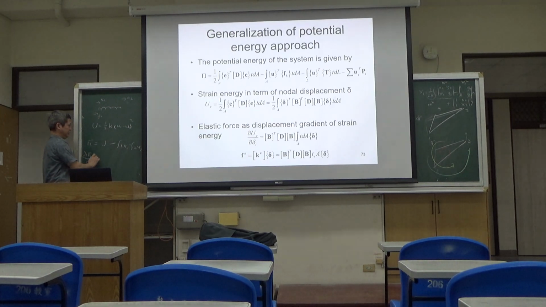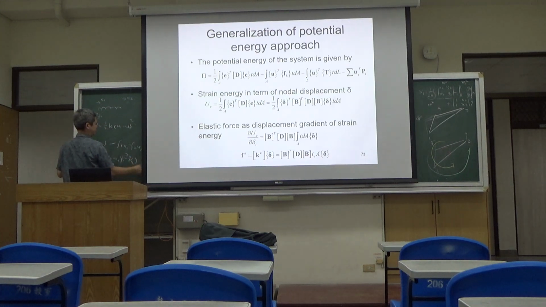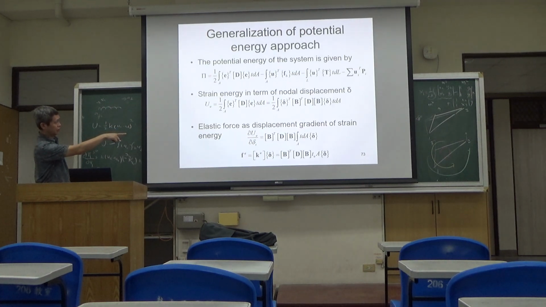Okay? If you want to find the force balance, you just take the derivative of this with respect to u1. Then the first expression is k times (u2 minus u1), and then the partial derivative of u1 with respect to u1, plus what? F1. Okay? So in the first expression here, if the derivative of the total potential is 0, you have F1 is equal to this expression.